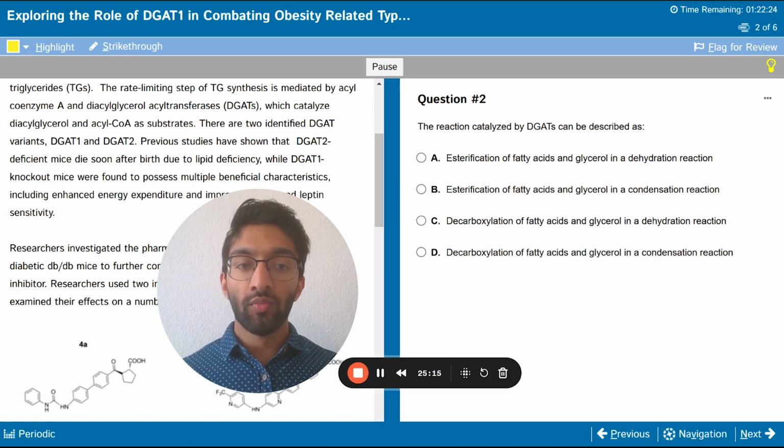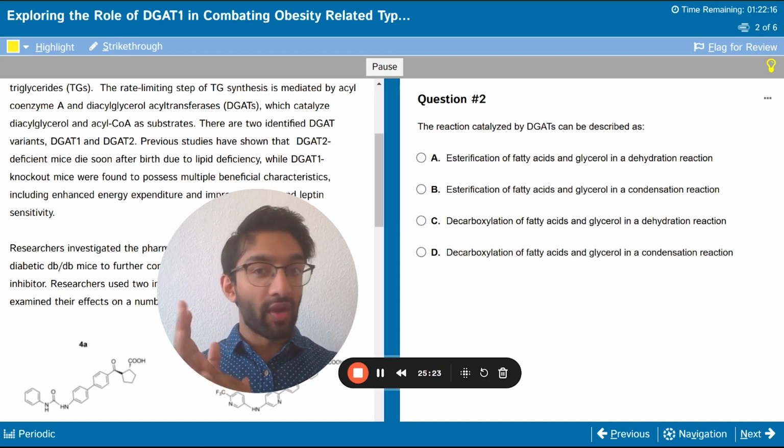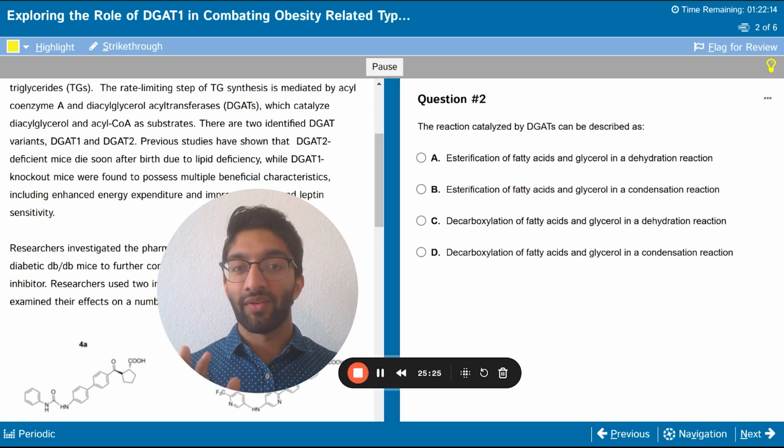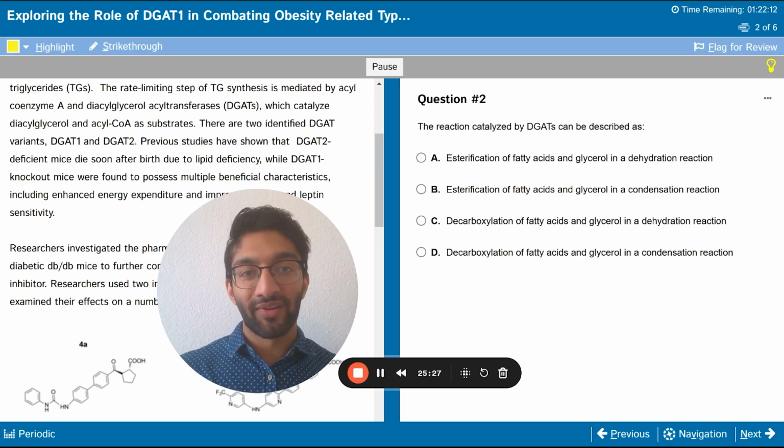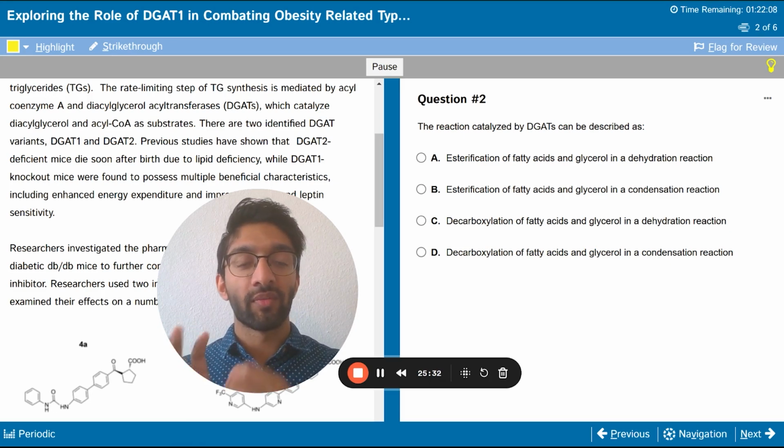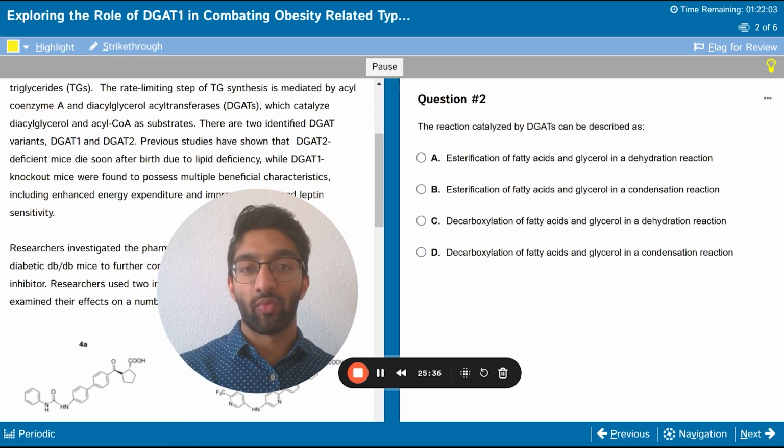When two molecules come together and release a water molecule, this is called a condensation, just as when you have condensation on your window or your mirror, the water is just there. It's produced, it's a byproduct. The main reaction doesn't actually have to do with the release of water. It's just something that comes out at the end of the reaction.